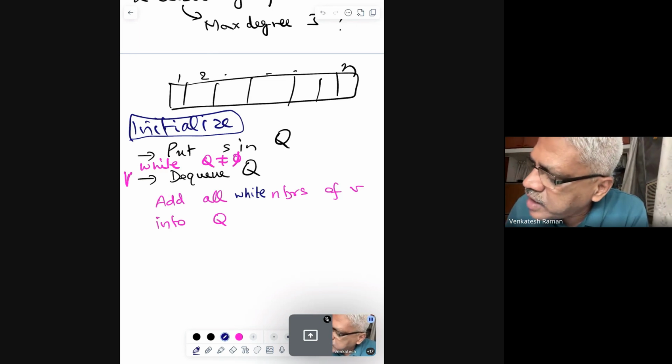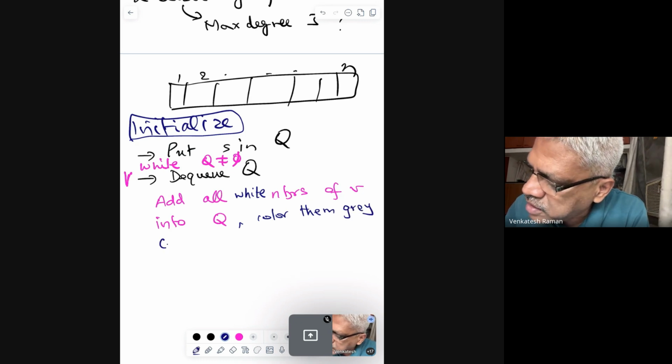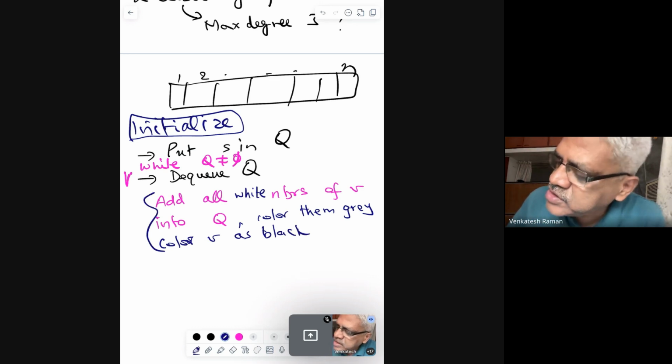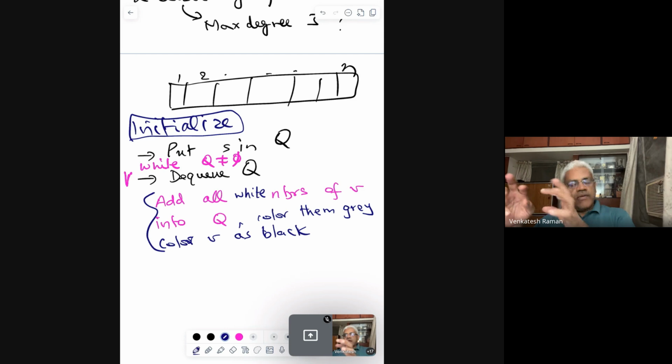Then I add all white neighbors of V into Q, color them gray, and color V as black. Essentially, this is what you keep doing in the entire algorithm. Start from the source vertex, add all the white neighbors into the queue, color them gray, color V as black, and then go to the queue, take the first vertex and repeat this.